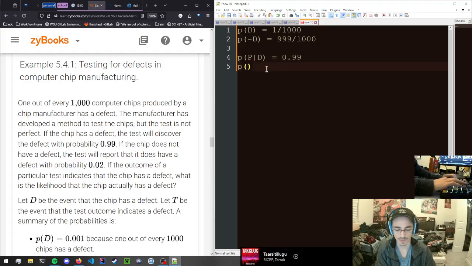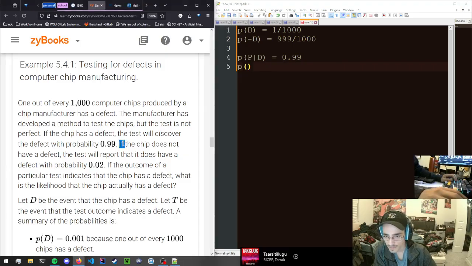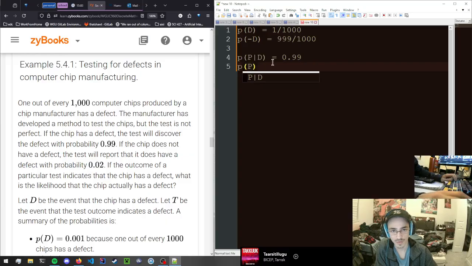But it will return not positive. Wait, what are they saying for this? If the chip does not have a defect, so it will return positive if it does not have a defect with this probability. Okay.